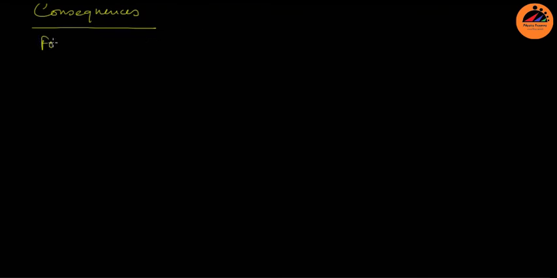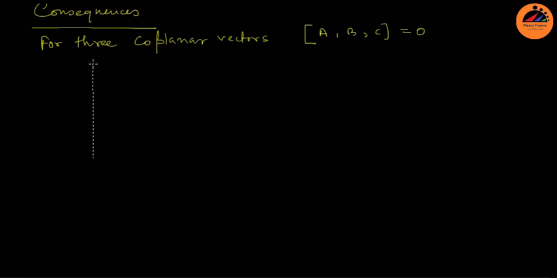So for three coplanar vectors, box ABC is equal to 0. You can also do this by showing the sum of two vectors equals some scalar multiple of the third, but this is easier, so you don't have to search for that scalar number. Anyway, it's up to you.